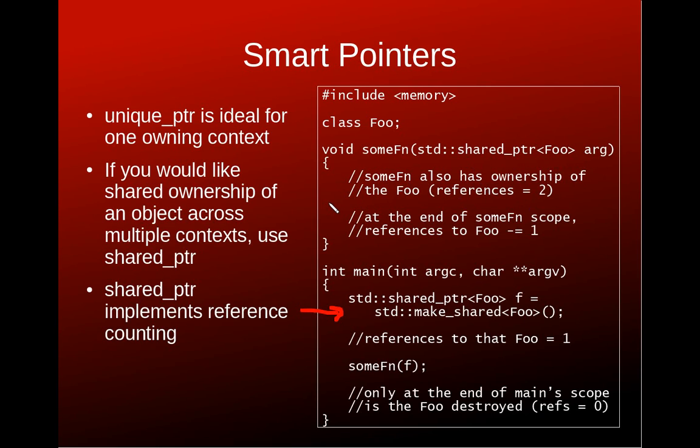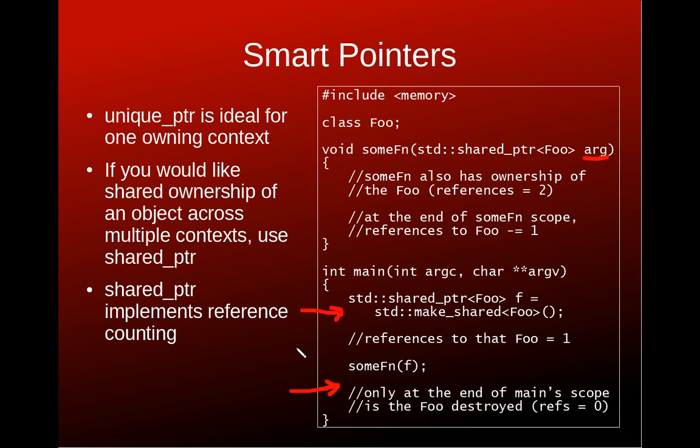At the end of sum fn's scope, we decrement the references, okay, because arg is actually destroyed at the end of sum fn's scope. So the destructor of that shared pointer will decrement the references. So then, after the call to sum fn, main still has ownership of that foo object. So f is not invalid, it is perfectly valid.